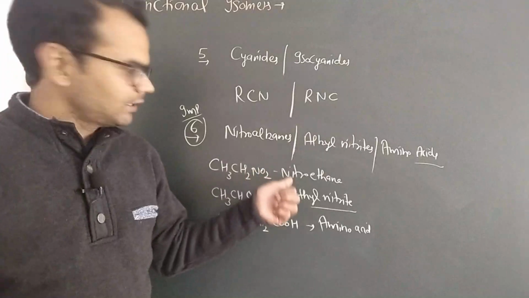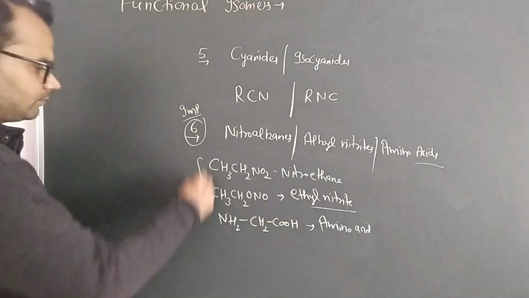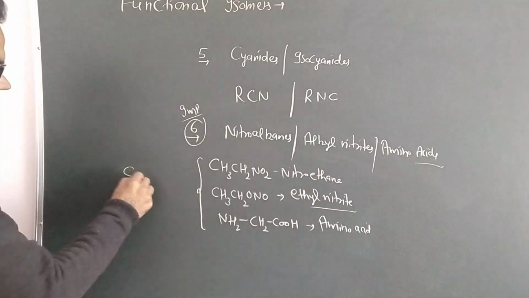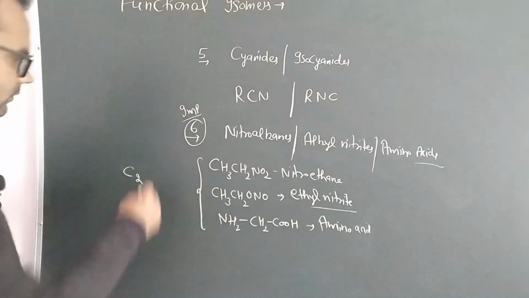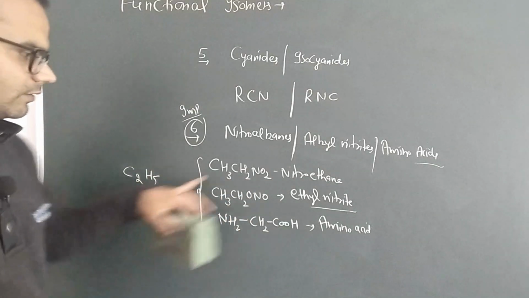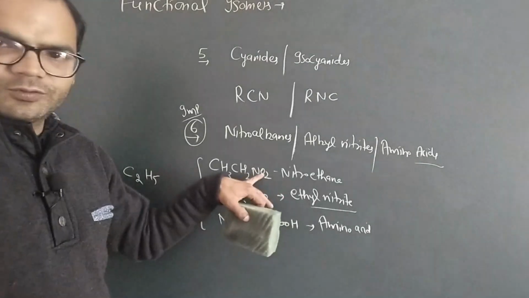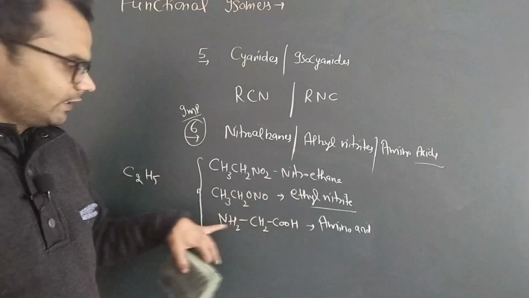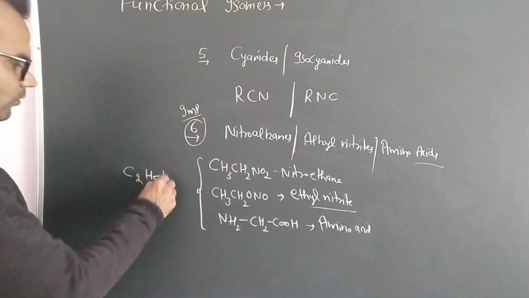Now if we write their condensed formula, we have 2 carbons, C2, hydrogen we have 5, and in all these 3 structures we have one NO2 group here, here one NO2, and here NO2. So all these 3 structures contain NO2 group.